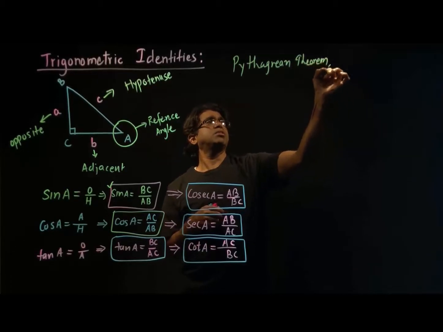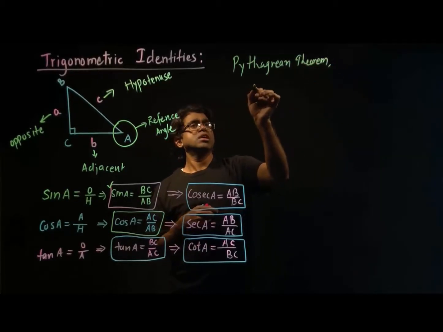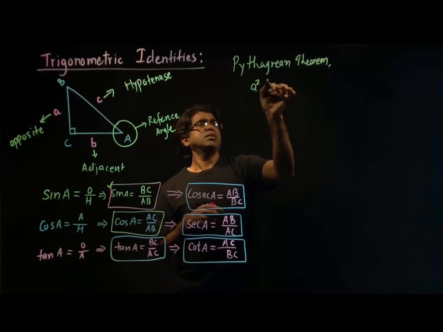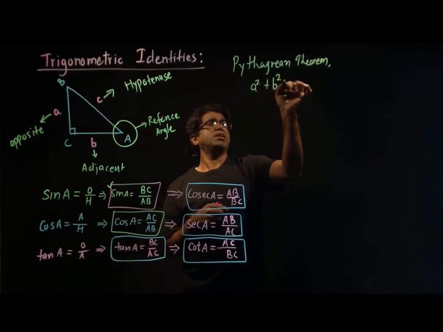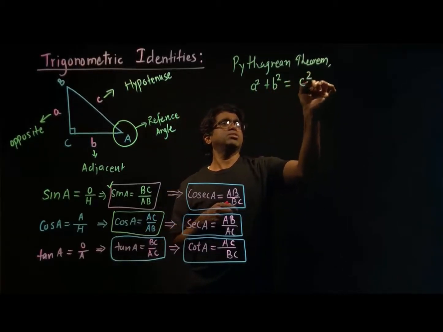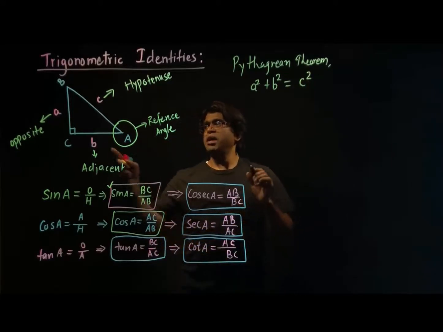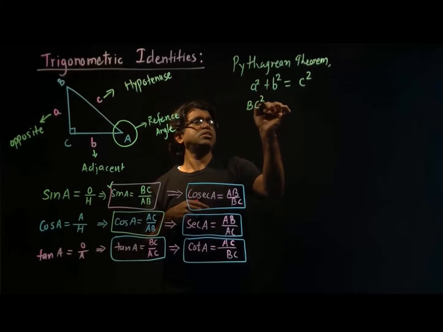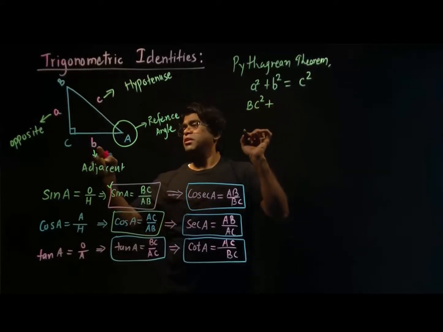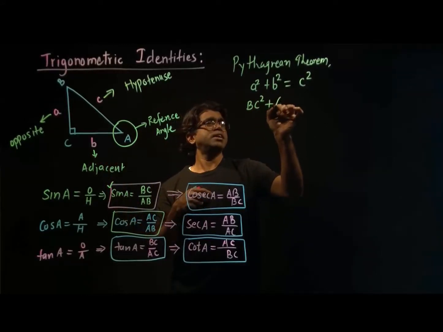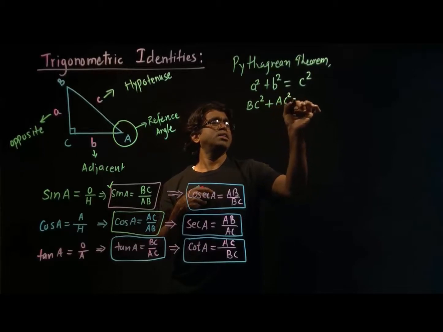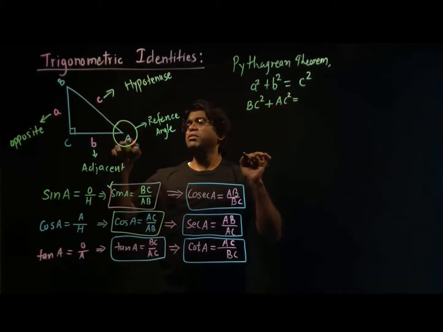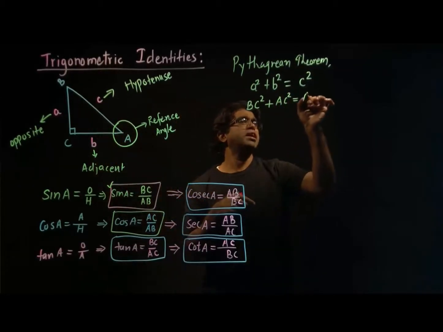If you remember, the Pythagorean theorem was a squared plus b squared is equal to c squared, and my a is BC, so I will write BC squared plus small b is AC, AC squared, that is equal to small c is AB, so AB squared.